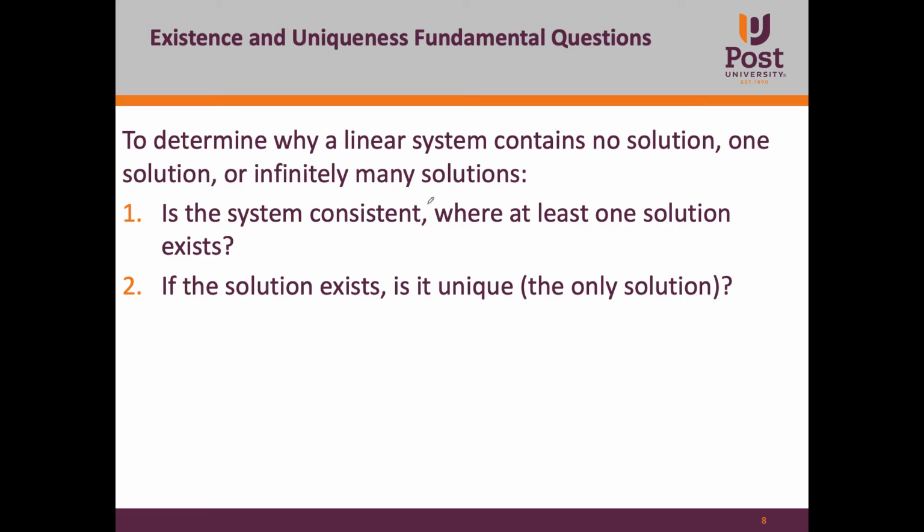And if the solution does indeed exist, is it the unique or only solution? In the example we did before, that was indeed a unique solution, right? We only had one. So yes, it existed and was unique. But that's not necessarily always the case. So do bear that in mind.